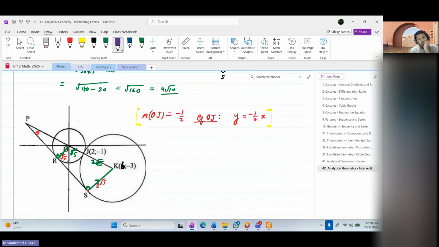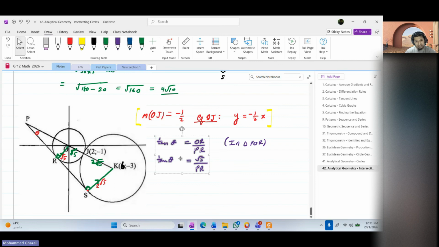Now, try to find tan theta. Tan theta is OR over PR, right? Opposite over adjacent in triangle POR. That's what you're looking at, OR over PR. So tan theta, what's OR? OR is root 5 and PR is just PR, okay? And try to find tan theta from the second triangle.